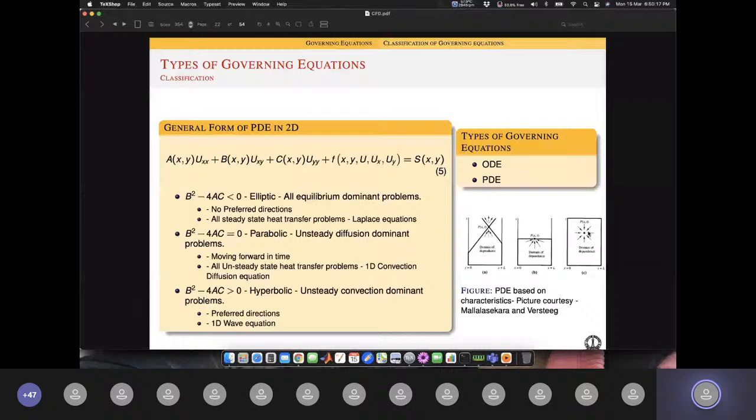Now let us look at the flow equations. Our fluid flows are governed by three different equations. The first is the mass conservation equation, the second is the momentum conservation equation, and the third is the energy conservation equation. These three equations are, I think, known to every student who has come to engineering. There is nothing new in this.